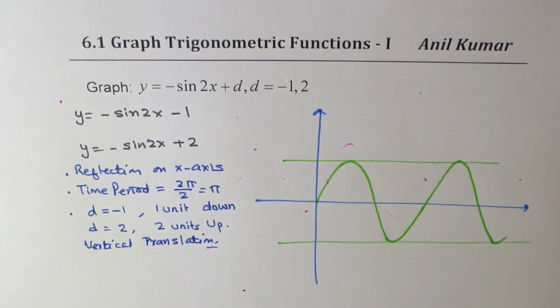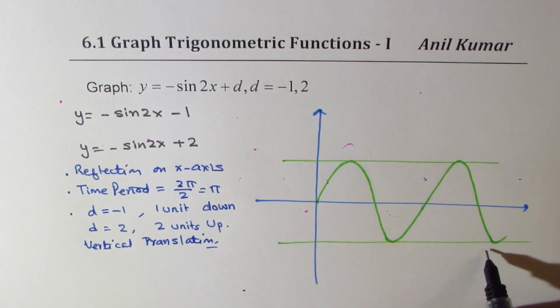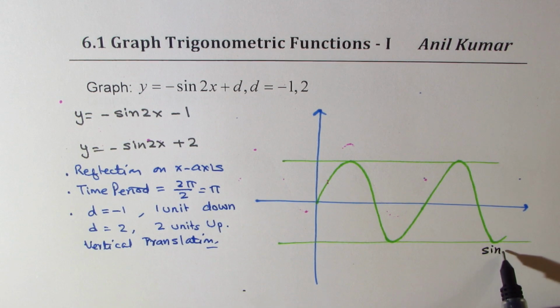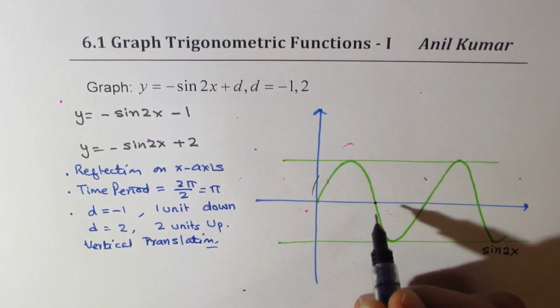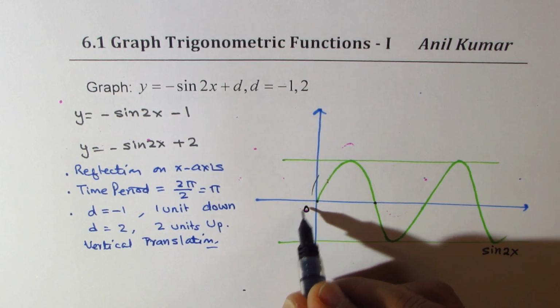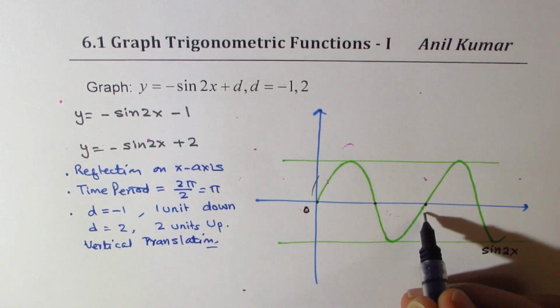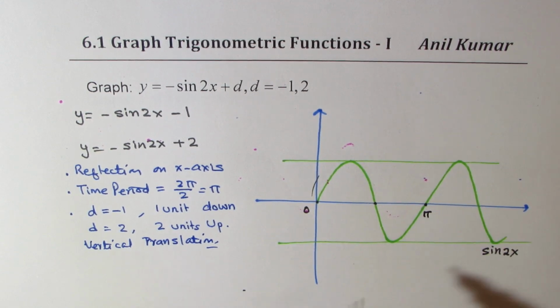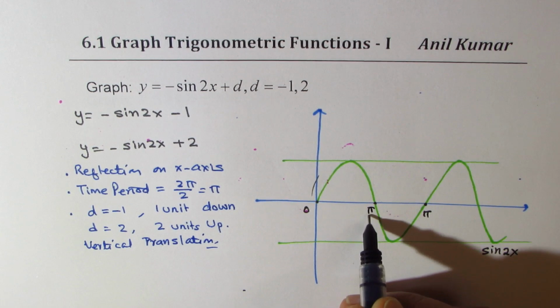Okay, so what I've sketched here, this wave is basically sine 2x. So this green wave is sine 2x, where these pi are 0. Now the time period for sine 2x will be pi, right? So that is one wave sine 2x. This is definitely now pi by 2.